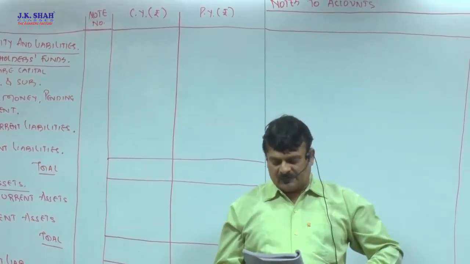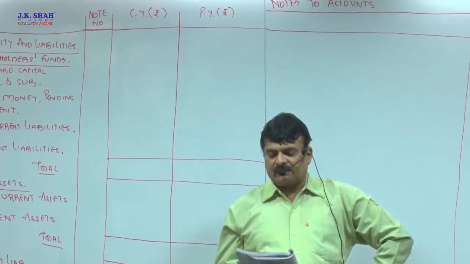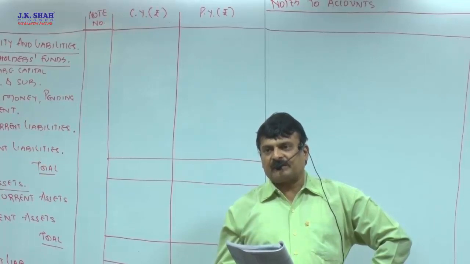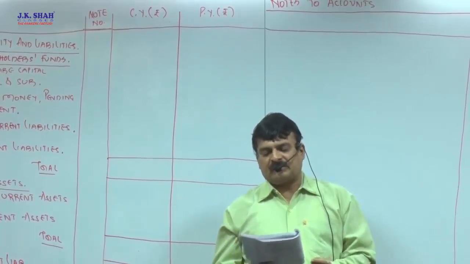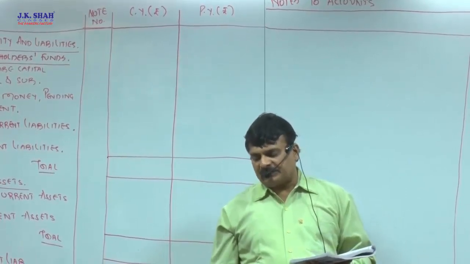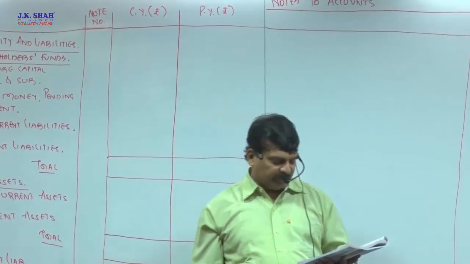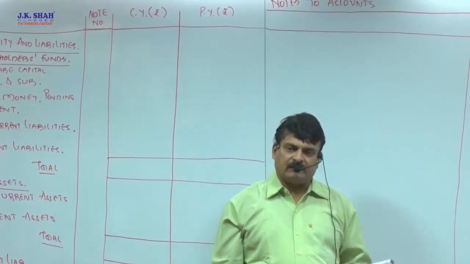You are required to prepare the balance sheet of the company on 31st March. Now, if you see a printing mistake, make it 31st March 13. One more place also has to be rectified. First rectify this one: instead of 15, make it 31st March 13.